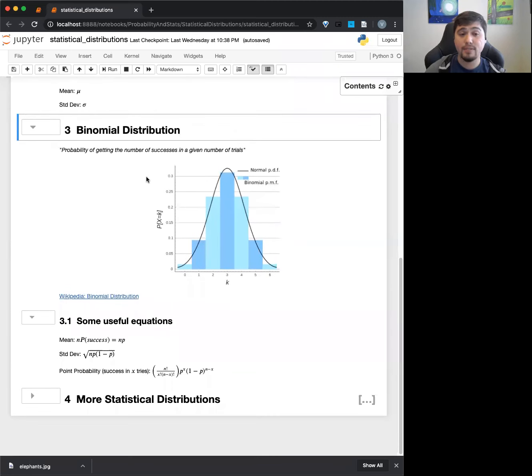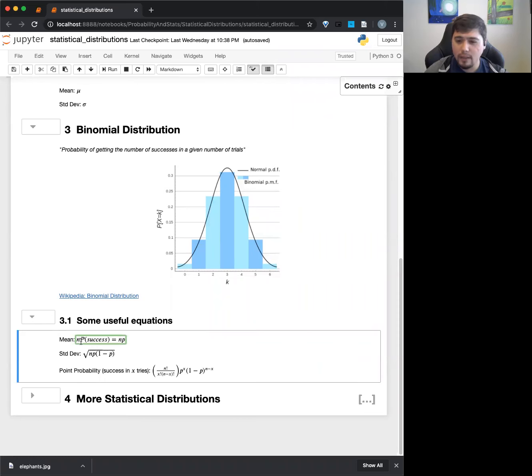Note that it doesn't have to be a coin flip. It could be an unfair coin. The point is, what's the probability of success? That number could be whatever you want. That's where we get the mean: the number of successes is the probability of success times the number of times you do it.